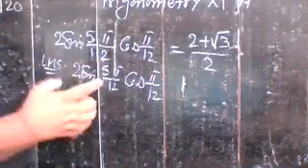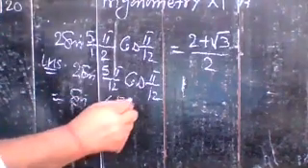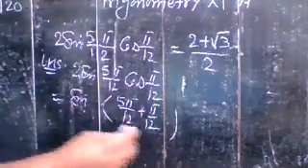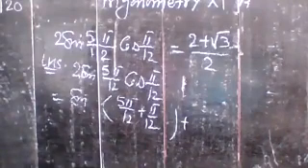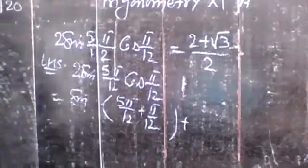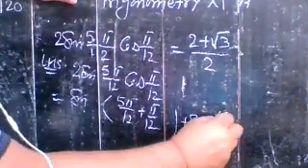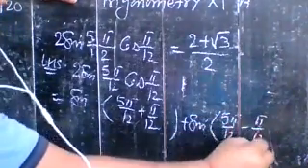Applying it here, sin (A plus B) means 5 pi by 12 plus pi by 12, plus sin (A minus B), so 5 pi by 12 minus pi by 12.